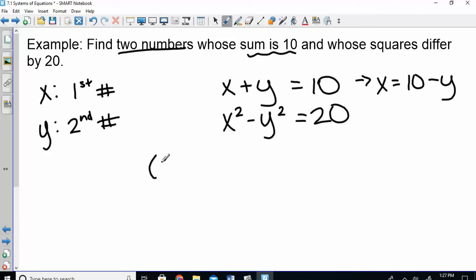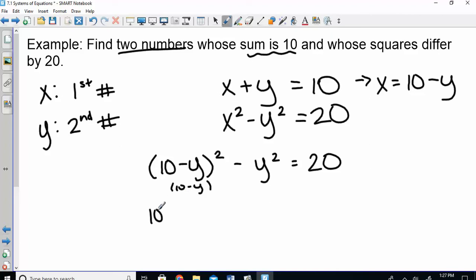So if I substitute that into the second one, I replace my x with 10 minus y. How would we square that? FOIL. Yeah, it means you have two of them.